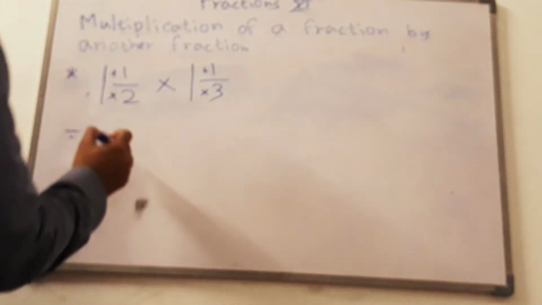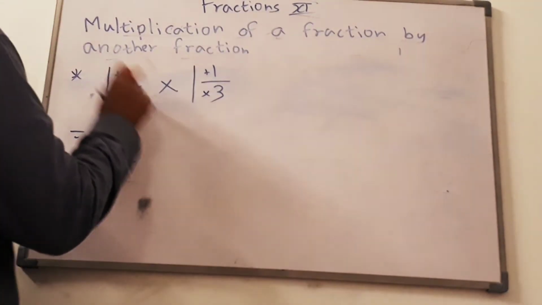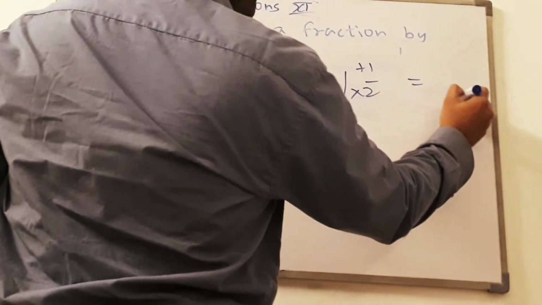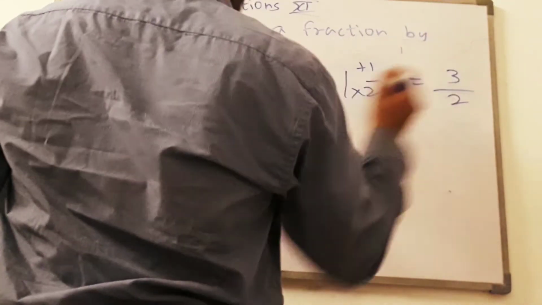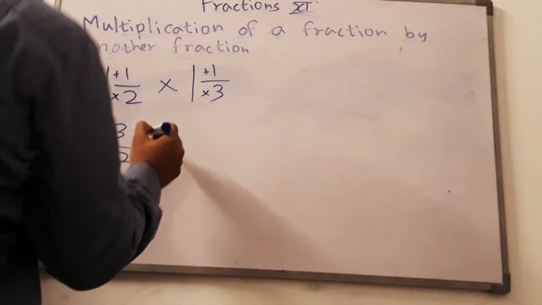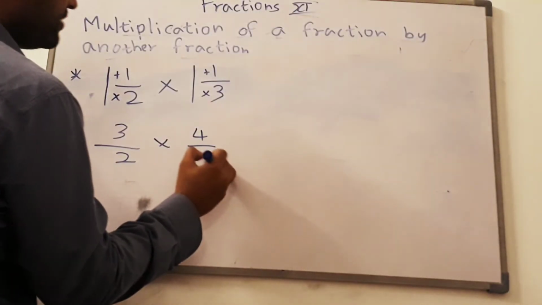So 2 is here and above 2 the numerator means 2 times 1, 2, and 1, 3. One and a half. Converting 1 and a half to improper fraction means denominator stays the same, numerator means 2 times 1, 2, and 1, 3. Same as here, 3 times 1, 3, and 1, 4 out of 3.